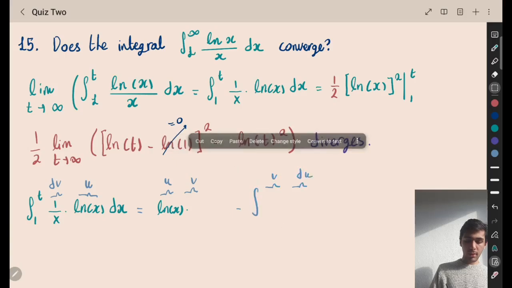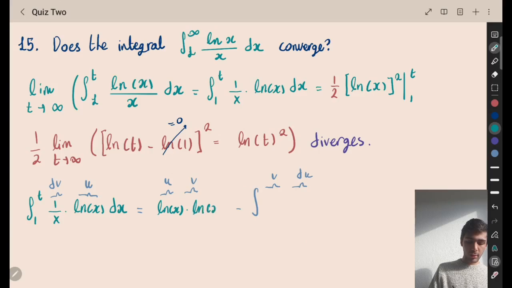Right, so if you take the derivative of ln of x, you get 1 over x. And then v is ln of x again. And then this derivative is 1 over x. That's literally what we were talking about. It's the function and its derivative, basically.